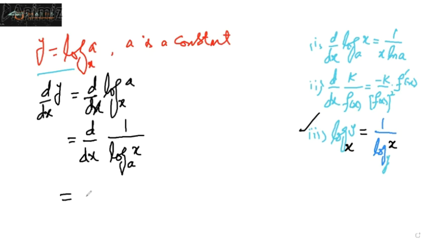Now, secondly, we will try the second rule, that is the reciprocal rule of derivative. Applying this rule to the derivative of 1 over log of x to the base a, we will put a negative sign with the constant, that is negative with 1, and will square the denominator function, that is log of x to the base a.